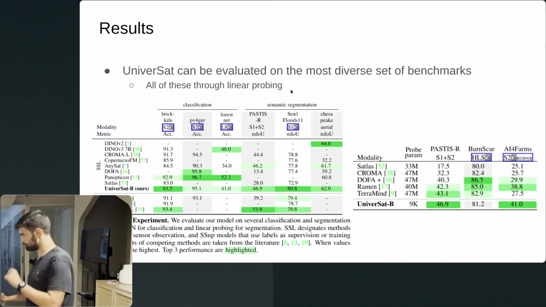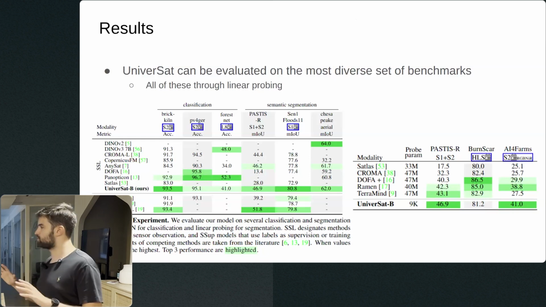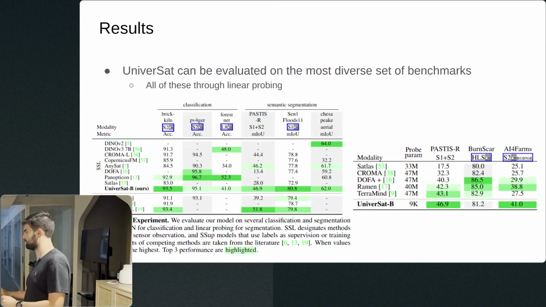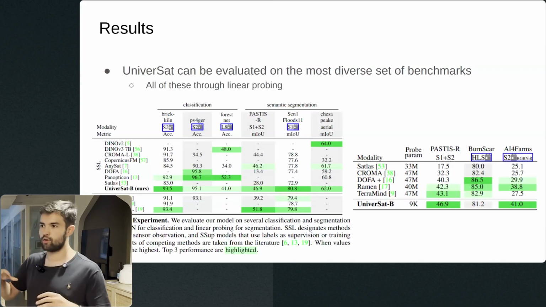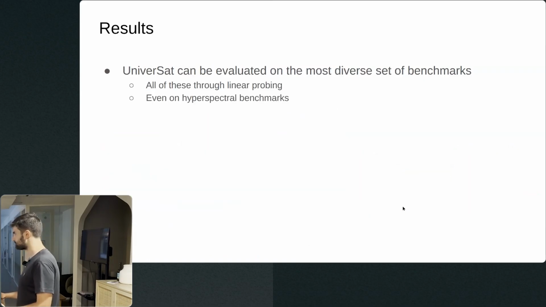So we are able to be competitive with really specialized models on the most common datasets, and on other harder datasets where models have to learn a UPerNet, we are able to be really competitive with only a linear layer.